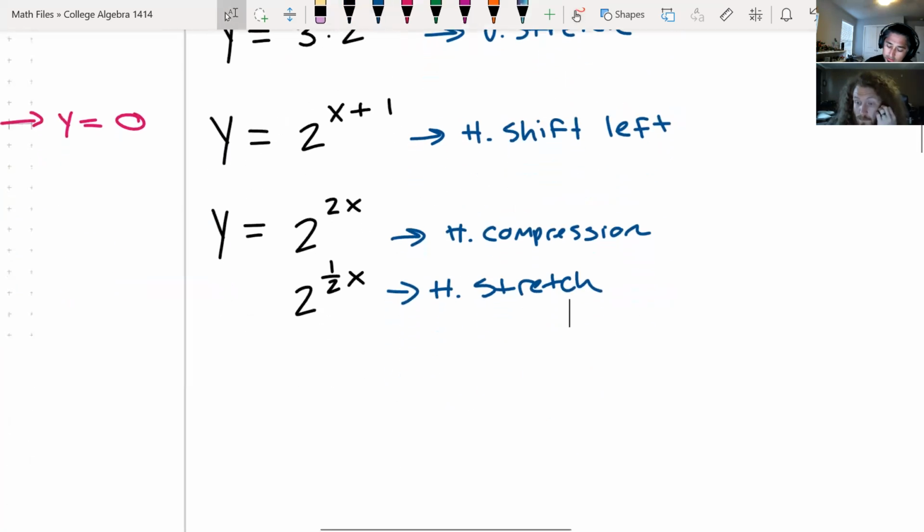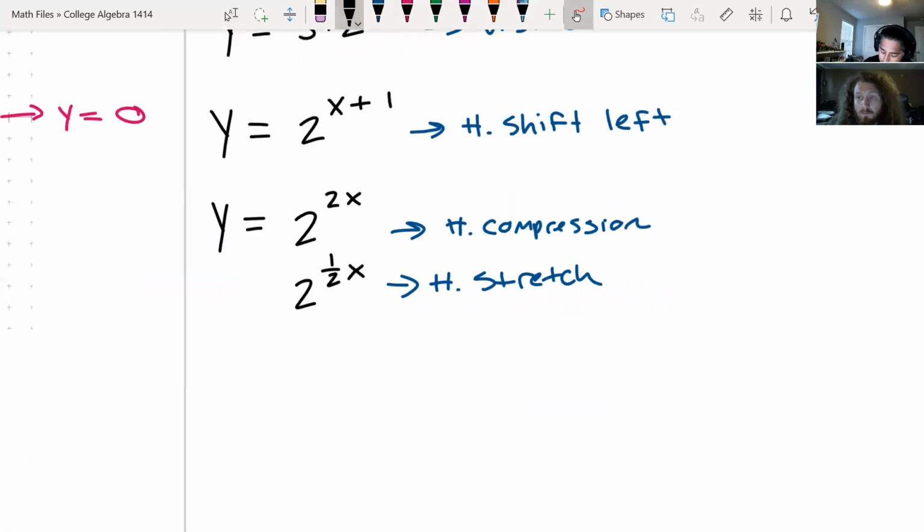Two more to go. If I had y equals negative 2 to the x, what type of transformation would that be? What does the negative do?